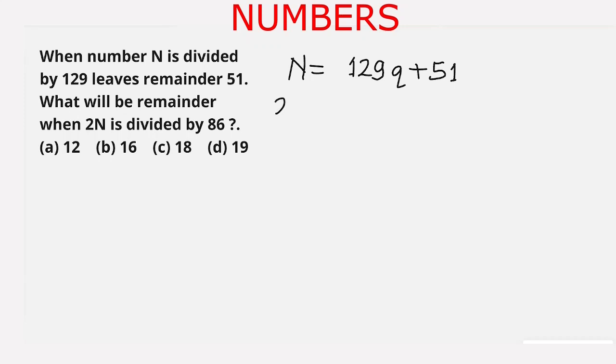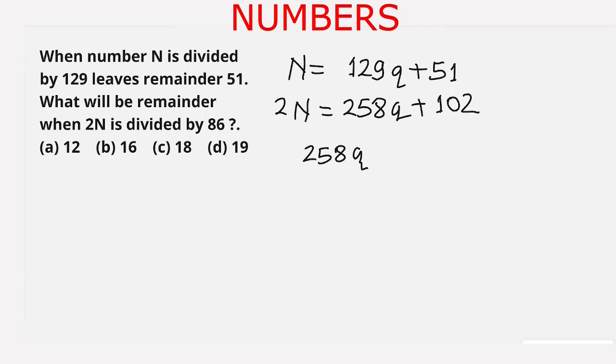Therefore 2n equals 2 times all these. 129 times 2 is 258q, plus 51 times 2 is 102. This is the value of 2n. Now we have to divide this quantity by 86 and we can find the remainder.